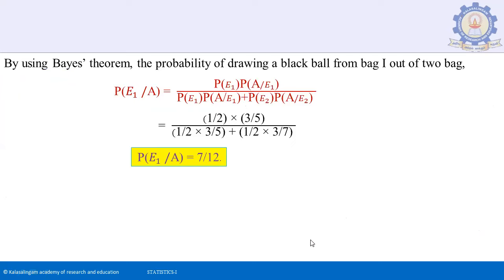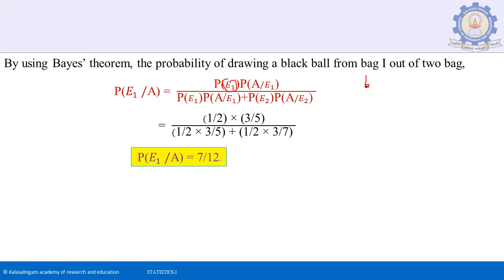By using Bayes theorem, the probability of drawing a black ball from bag 1 out of 2 bags will be P(E1|A) equal to... We know the Bayes formula. Here only 2 events are happening: P(E1) into P(A|E1) by P(E1) into P(A|E1) plus P(E2) into P(A|E2). Here we want to select that ball from bag 1, that's why we are writing E1.